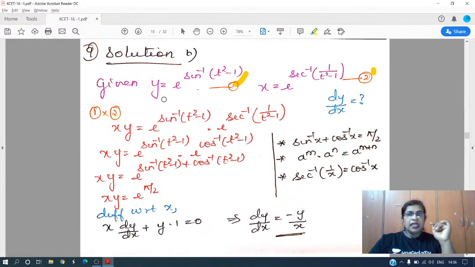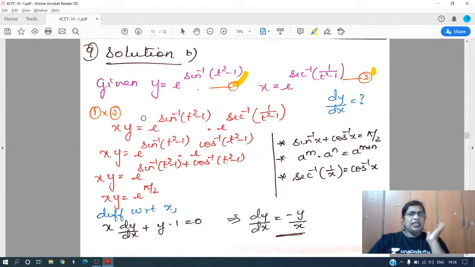I need to find dy by dx, but y is a function of t and x is also a function of t. So the parametric equation tells me dy by dx is dy by dt by dx by dt. If I go with that method, it will be a 3-mark question. I want to crack it in 1 minute.